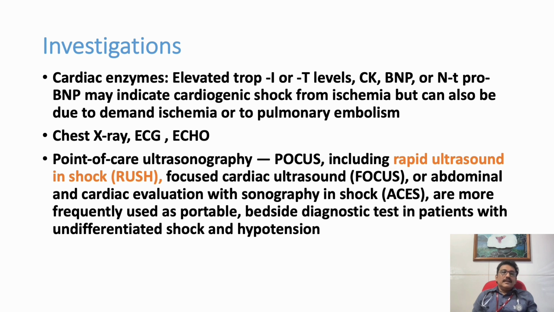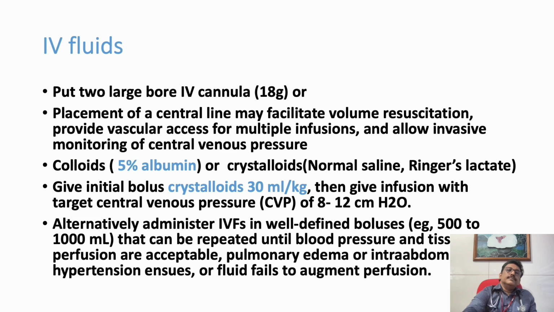Chest X-ray, ECG, echo all can be done in associated comorbid conditions. Ultrasound abdomen in ED, as we have already told, can pick up many problems like RV collapsibility, RV dilatation, LV failure, and IVC.